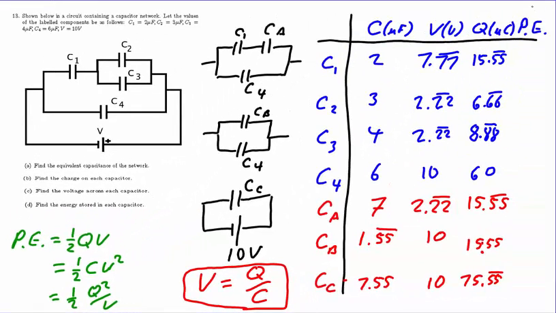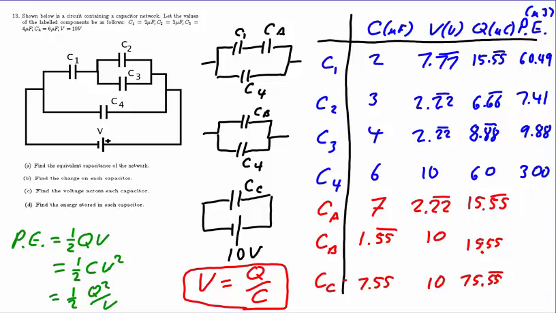That answer, we will note, will be in microjoules to make things simpler, and the numbers we get are 60.49, 7.41, 9.88, and 300 microjoules on all these capacitors.